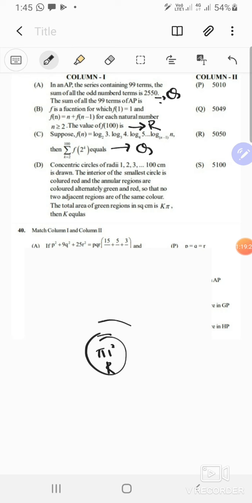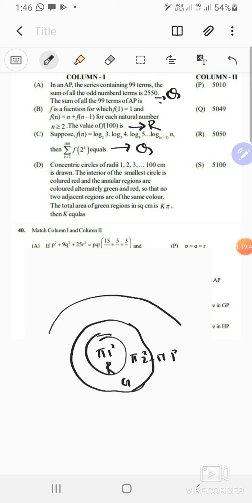Then the next region is green. It has area pi of 2 squared minus pi of 1 squared. The next region is colored red, and it keeps on going like that till 100.